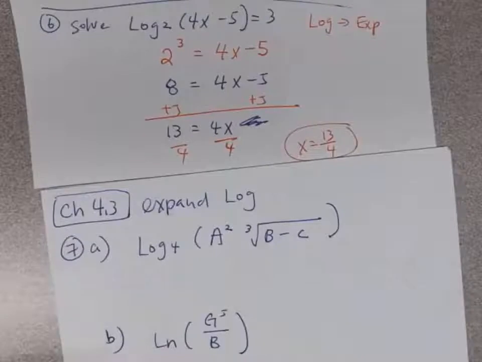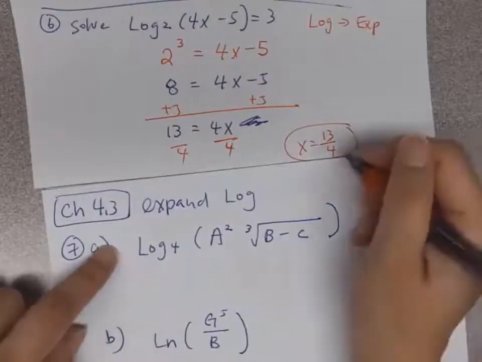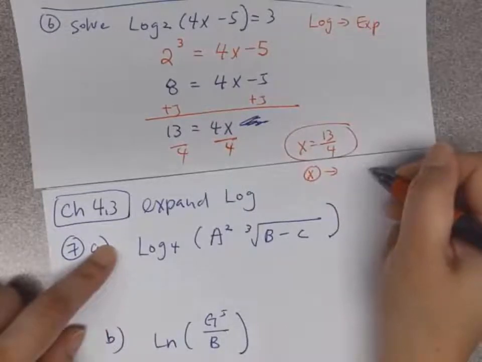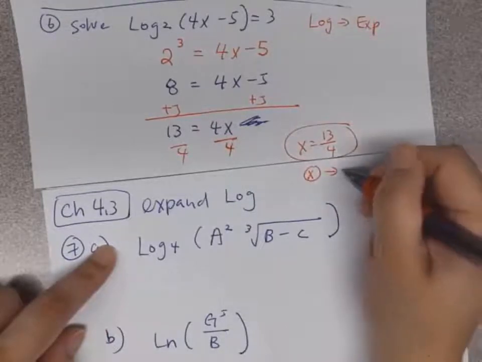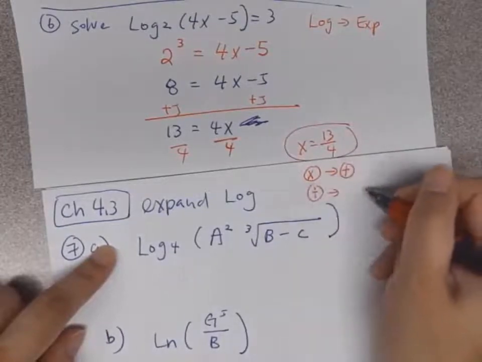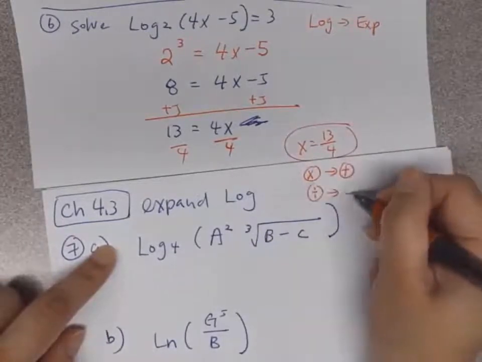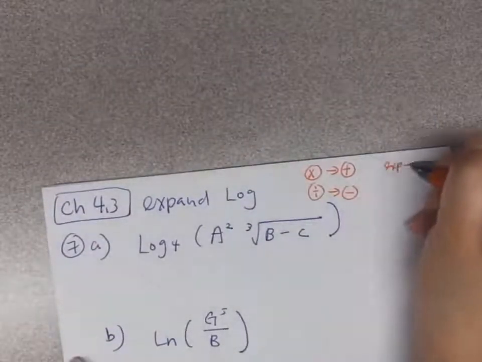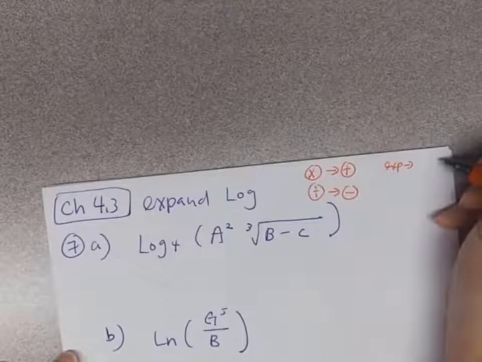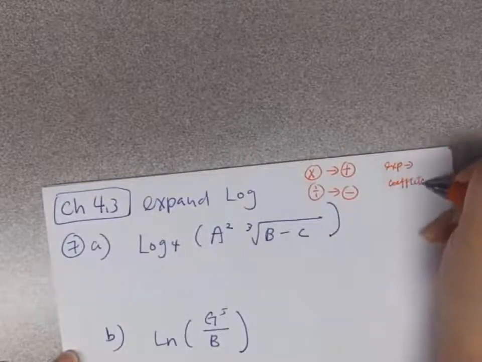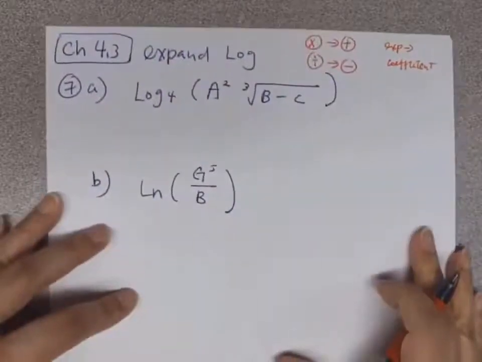So remember, how do we expand? If it's multiplication, we turn it into additions. If it's division, we turn it into subtractions. And if it's an exponent, it moves to where? The front as coefficient. So those are the major rules.